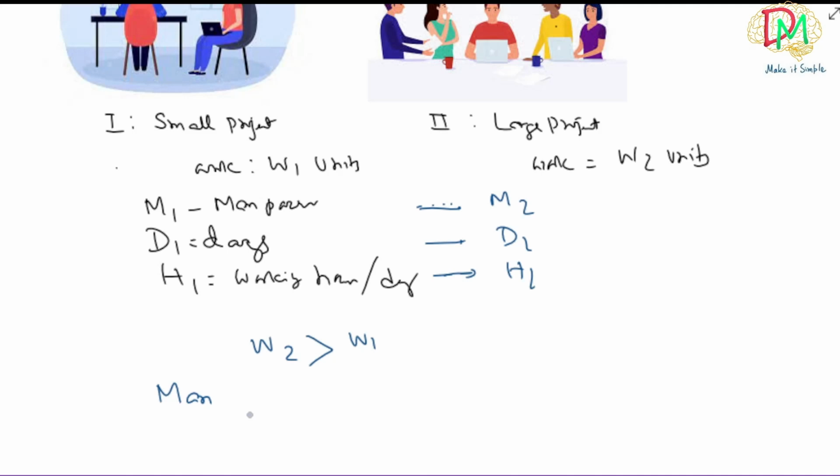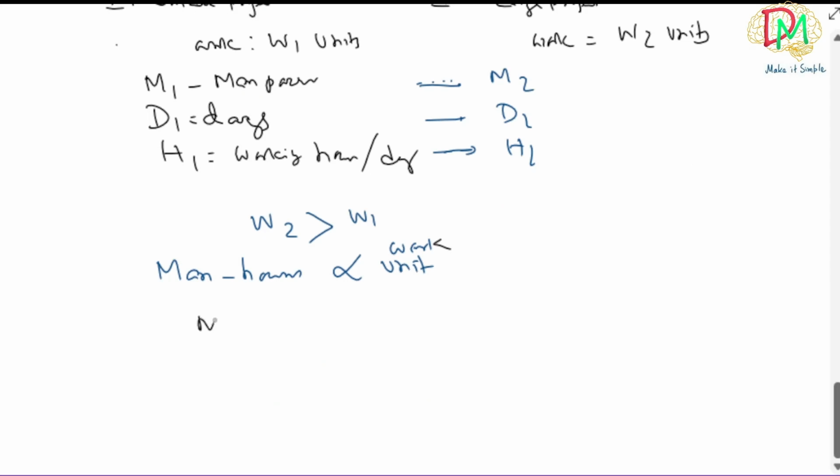So when the working unit is large, the man hours also become large. So they are directly proportional. Man hours is proportional to W, so man hours by W is constant.